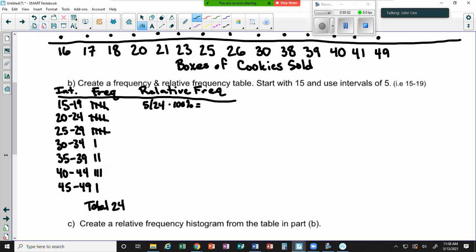Oh, you're right. 22. Can't count. Sorry, 22. All right, it is 22. Good catch. So it's 5 divided by 22 times 100. That's going to be 22.73%.